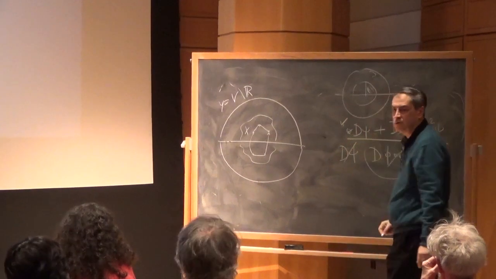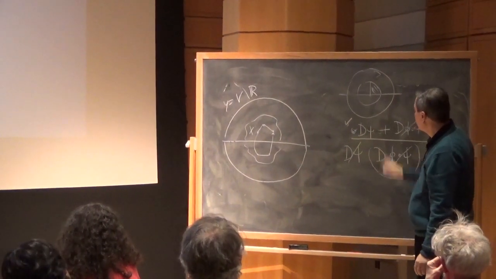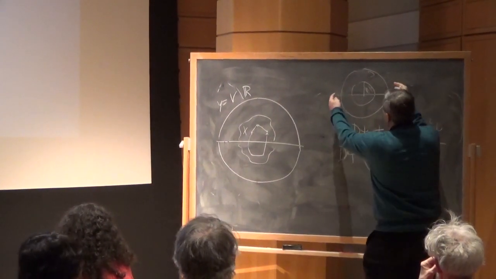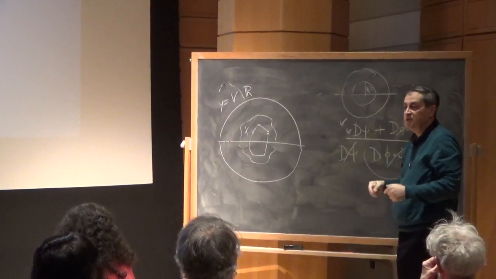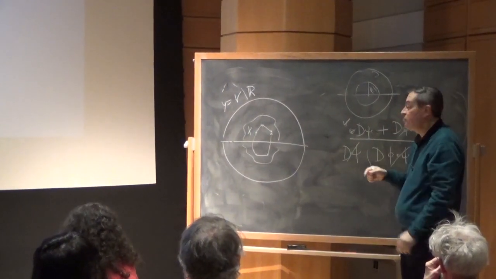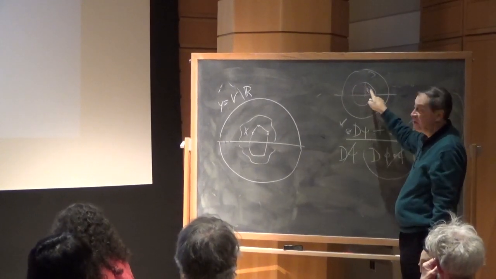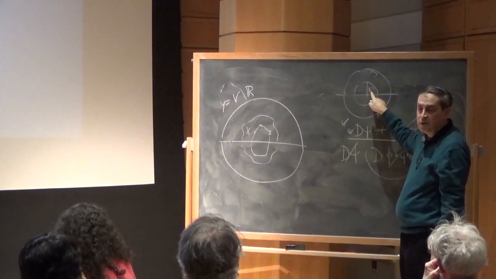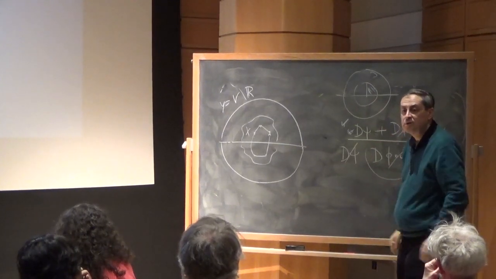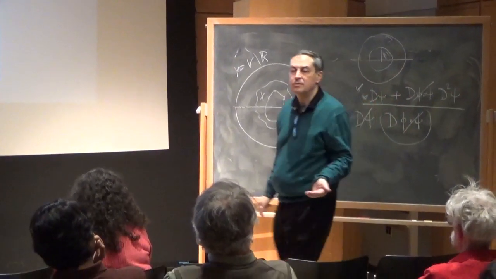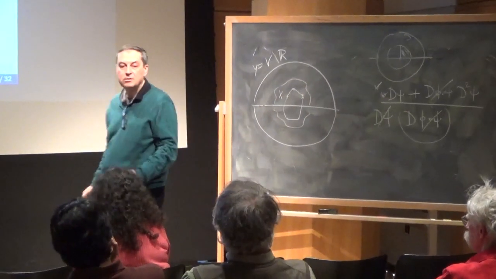This is part of the domain. The map going backwards is a univalent map, so it's going to be an isometry between the Poincare metric here and the Poincare metric of this little piece here. And then you have an inclusion. What? Because it's a univalent map. No, it's not holomorphic. No.